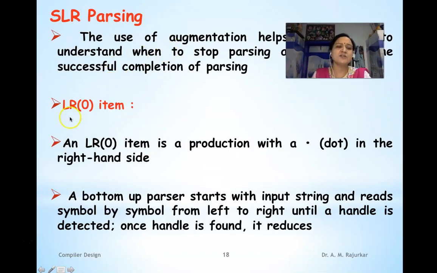Now let's see the definition of an LR0 item. An LR0 item is a production with a dot in the right hand side. Any production which has a dot on the right hand side is called an LR0 item.